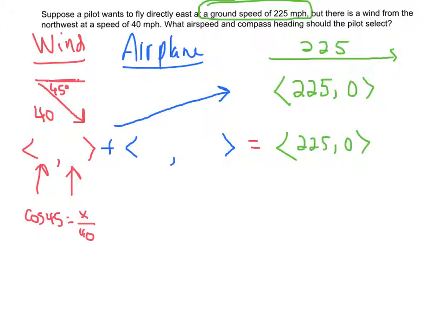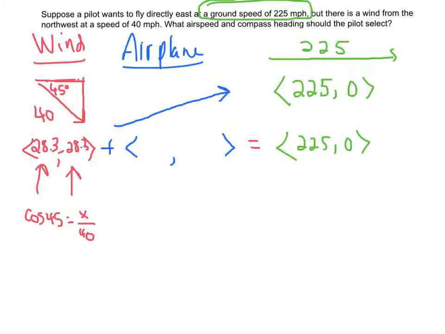When I type cosine of 45 times 40 into my calculator, I get 28.28, so we'll say 28.3. The y value is also going to be 28.3, because it's a 45-45-90 triangle. It's going to be negative 28.3, because it's heading down in the southern direction.